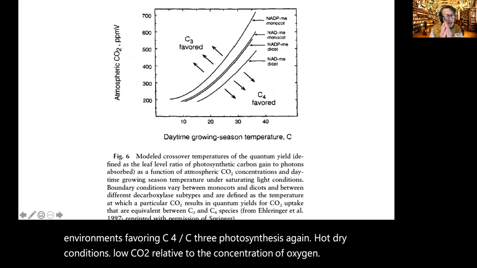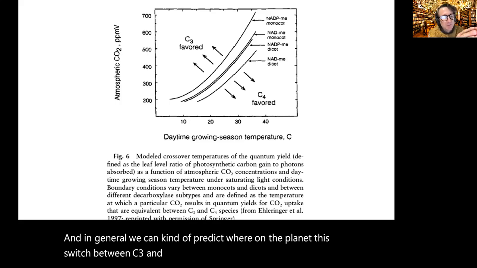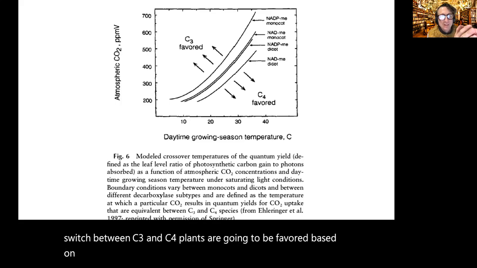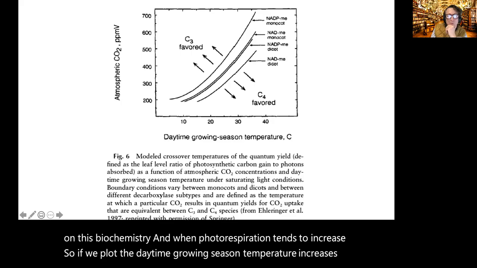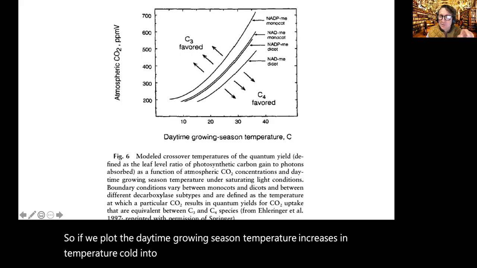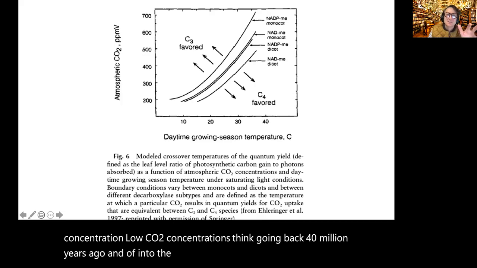And in general, we can predict where on the planet this switch between C3 and C4 plants is going to be favored based on this biochemistry and when photorespiration tends to increase. So if we plot the daytime growing season temperature, increases in temperature, cold to warm, versus the atmospheric CO2 concentration, low CO2 concentrations, think going back 40 million years ago, into the Pleistocene, okay?